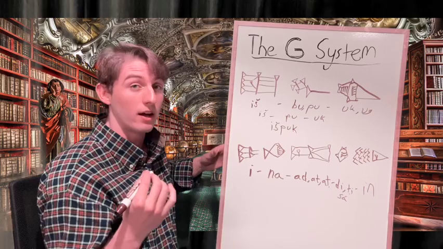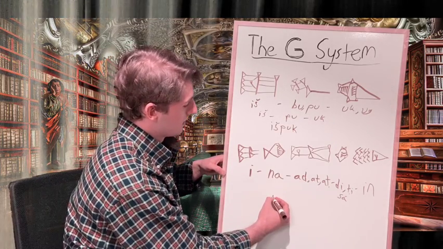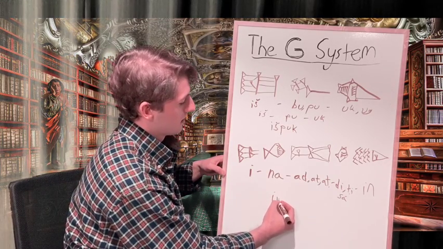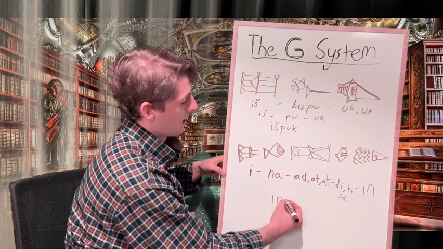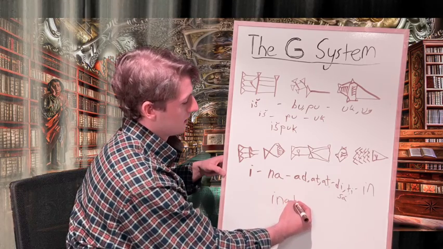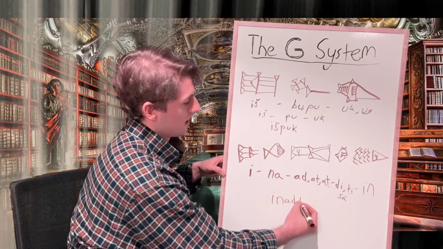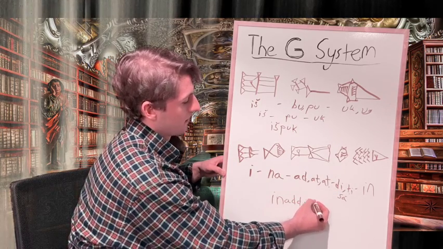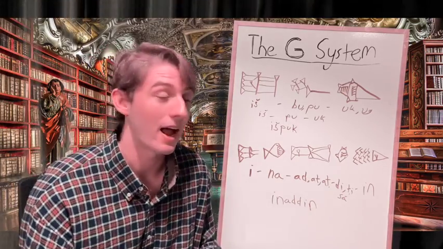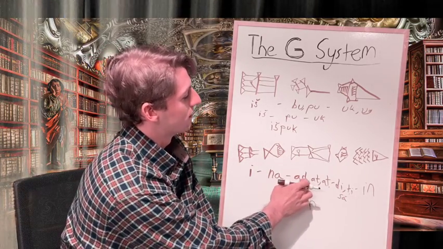So next, we're going to normalize this to be I, na, di, in, den.